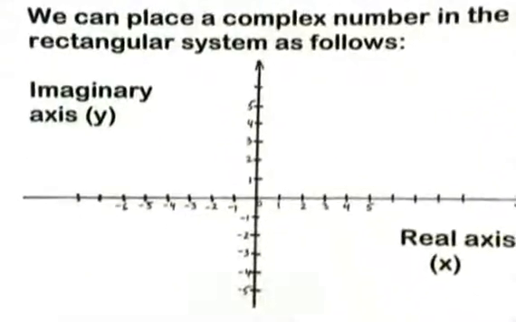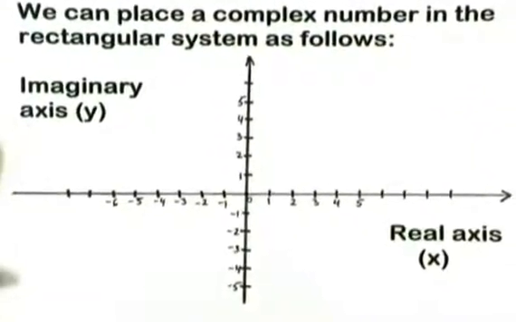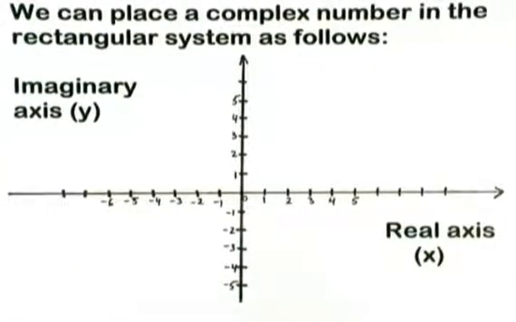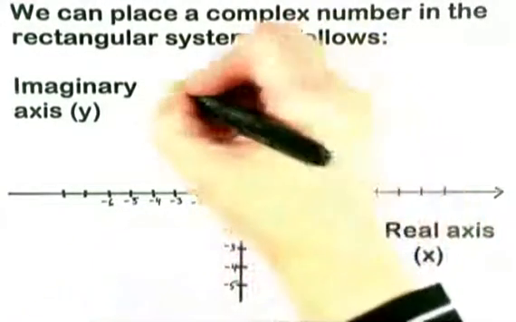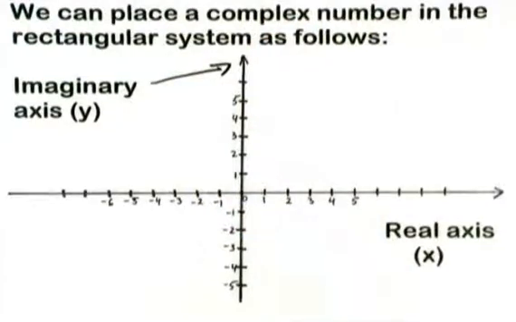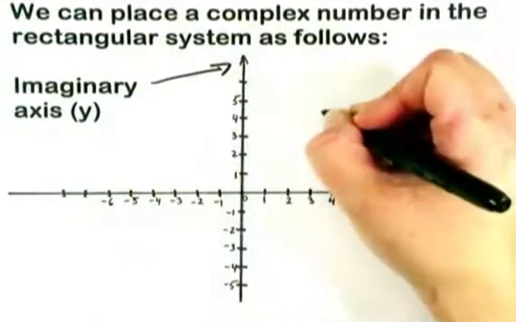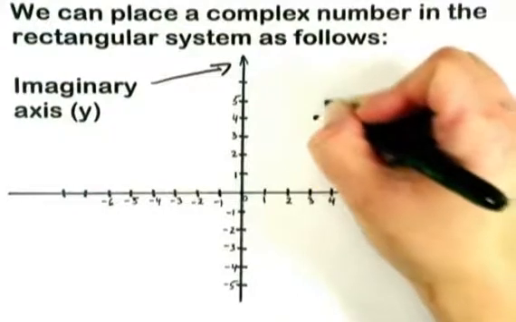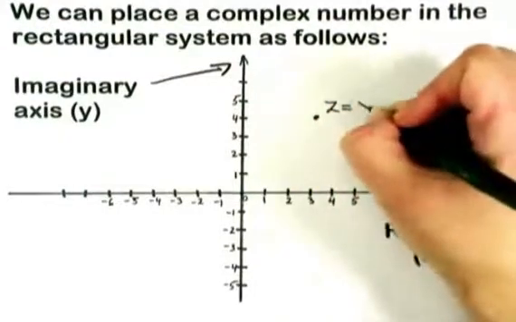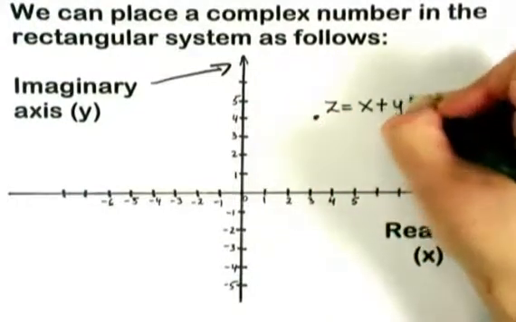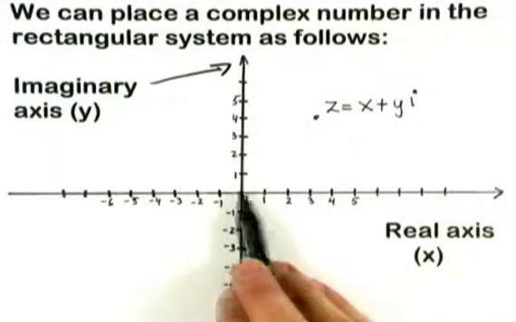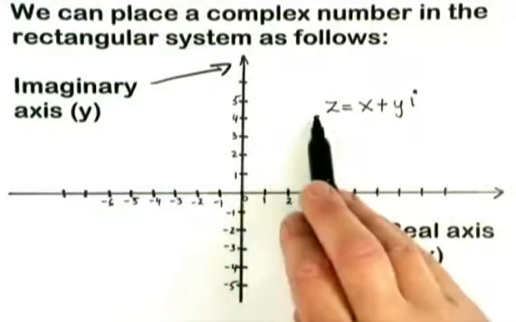We can place a complex number in the rectangular system as follows. We consider that y is the imaginary axis and x is the real axis. So if I have any point, let's say z is equal to x plus yi, in that case x is the first value and y is the second value.